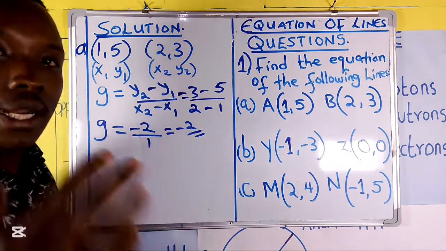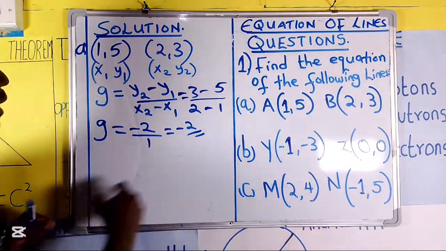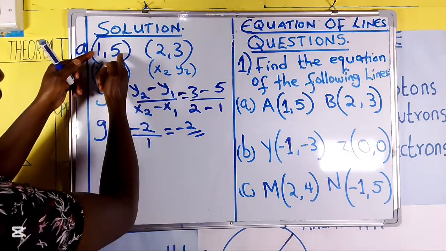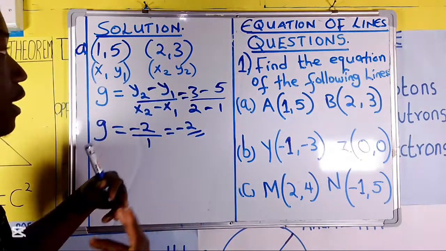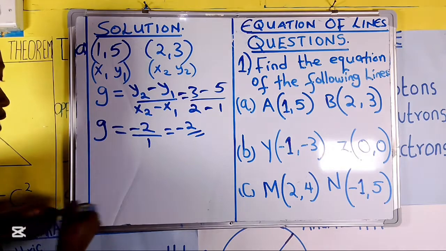After we determine our gradient, to get the equation of our line, we need to choose either of these two coordinates. We can choose (1, 5) or (2, 3). In this question, let us choose (1, 5).